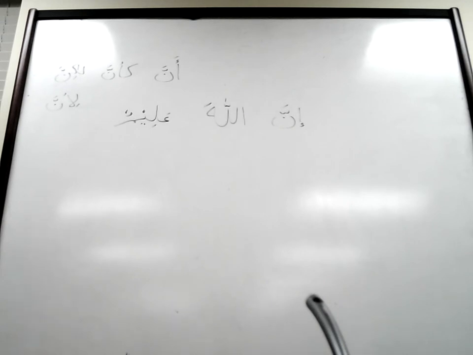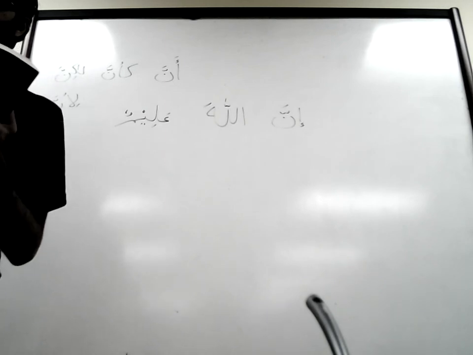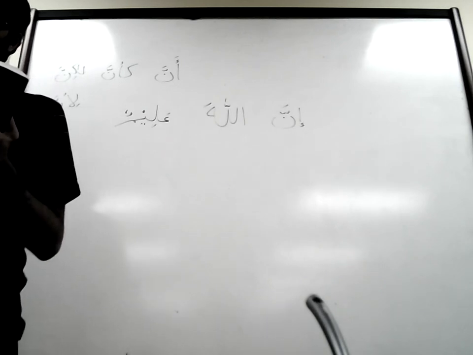How do you say your house? بيتك. So that ka you just put after لعل. So لعلك بخير. Okay, I hope you are well.